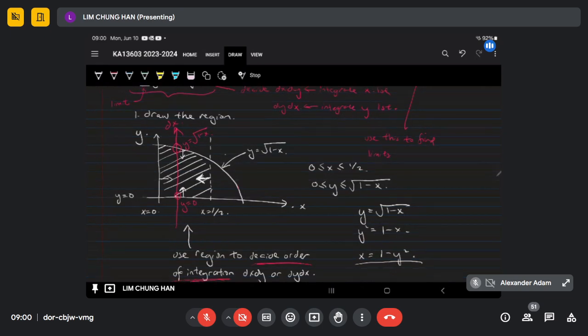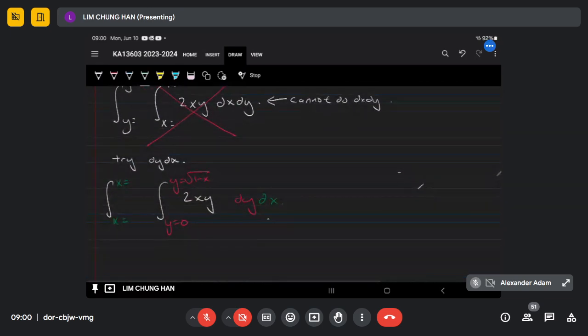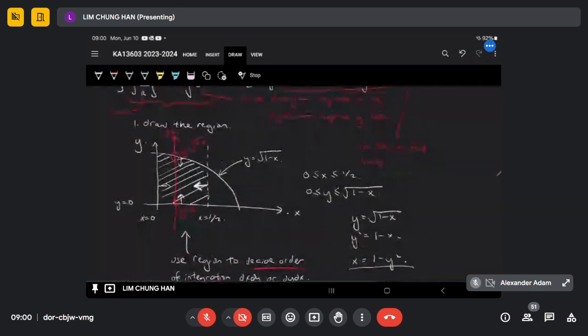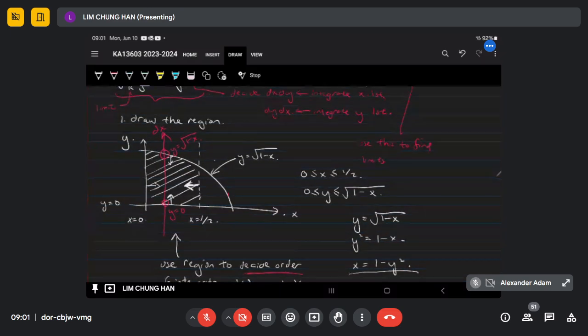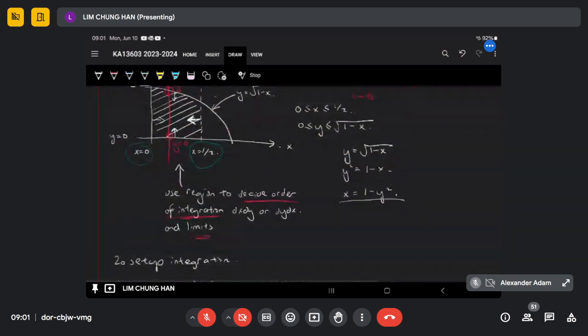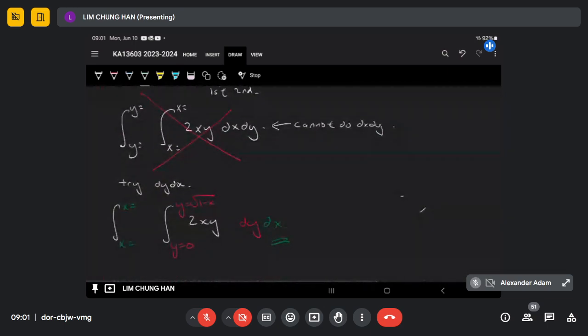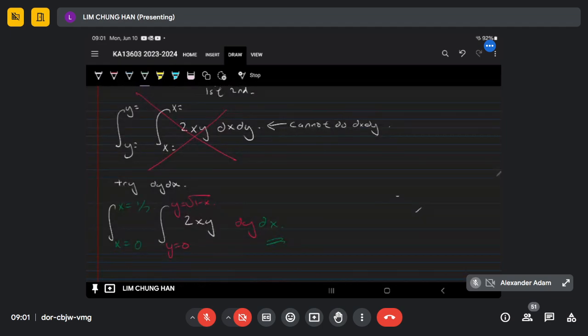Now, for the dx limit, you don't have to draw a line like that. Along the x-axis, you get the smallest number and the biggest number, which is 0 and half.